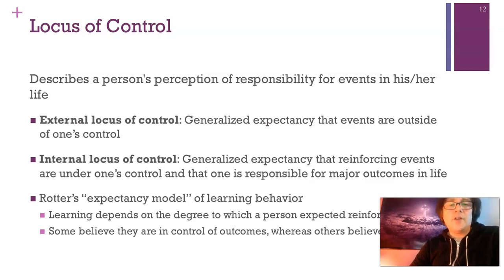Rotter's expectancy model of learning behavior is related to this issue of locus of control. This model says that learning depends on the degree to which a person expected reinforcements, and also that some believe that they are in control of outcomes, whereas others believe that they're not in control of outcomes.